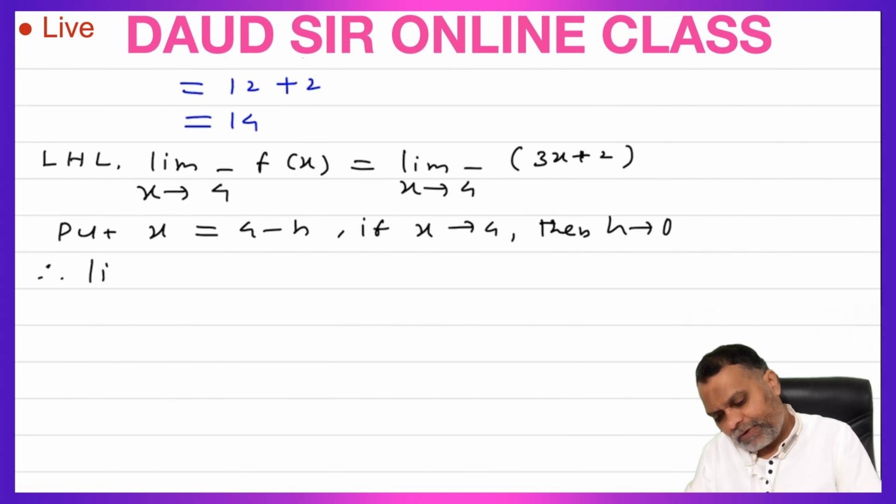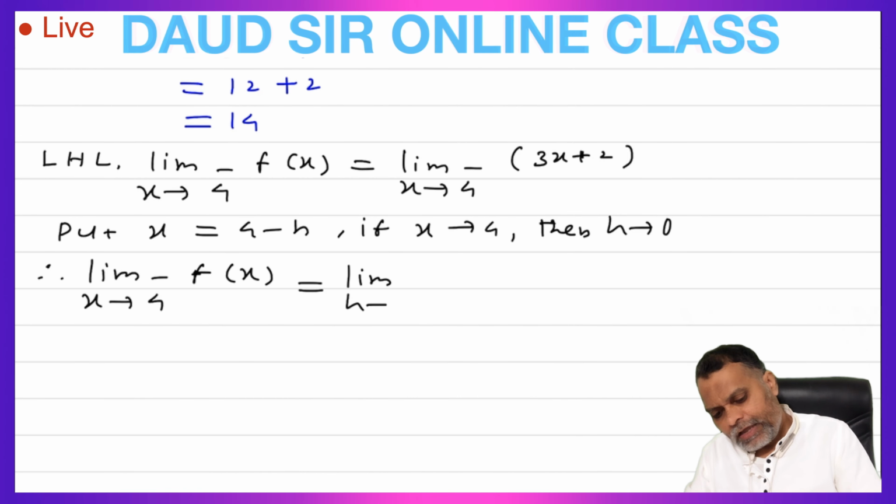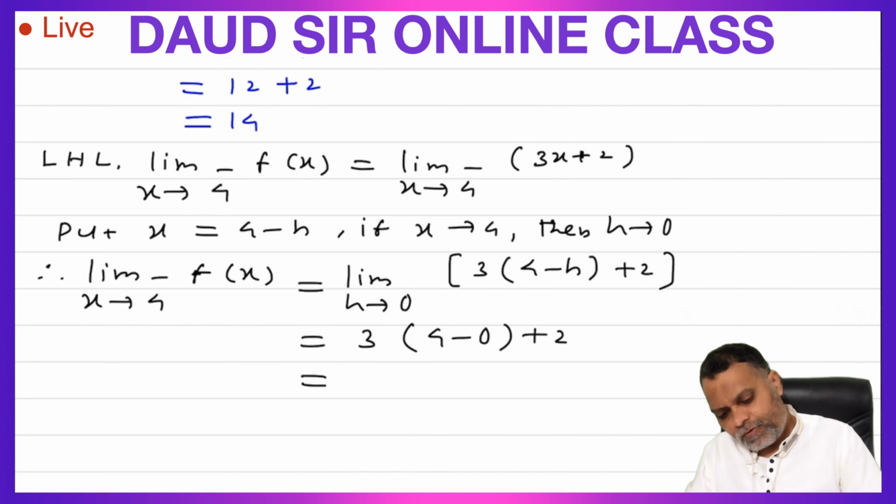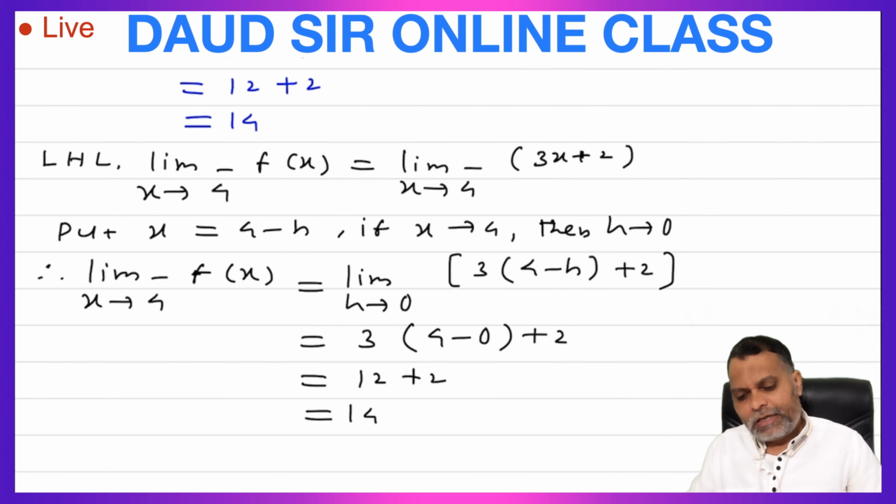Therefore, left hand limit will become limit x tends to 4 minus f of x is equal to limit h tends to 0, 3 into 4 minus h plus 2. Put h is equal to 0, 3 into 4 minus 0 plus 2, 4 threes are 12 plus 2, which is equal to 14.